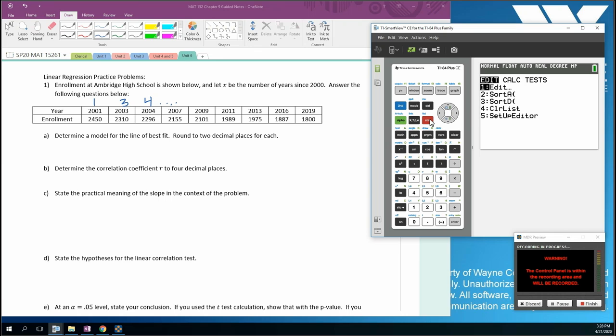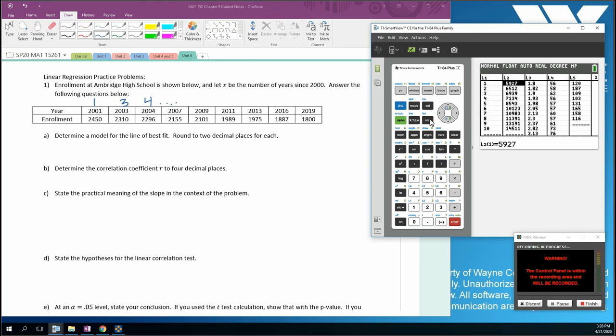So let's see. We'll have 1, 3, 4, 7, 9, 11, 13, 16, 19, and I'll just end up deleting this. I'm going to clear the list here. Newsflash, do not ever hit delete. Remember what happens.